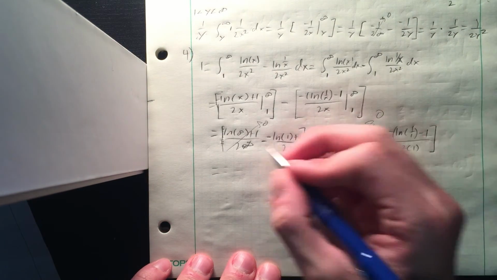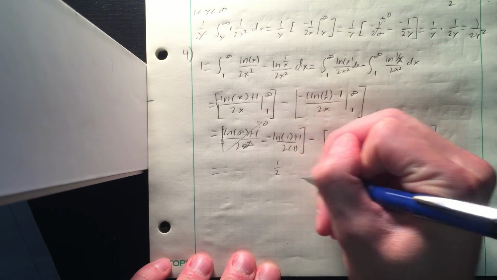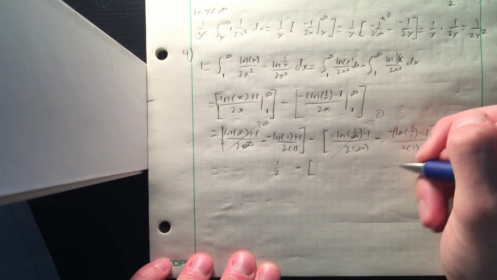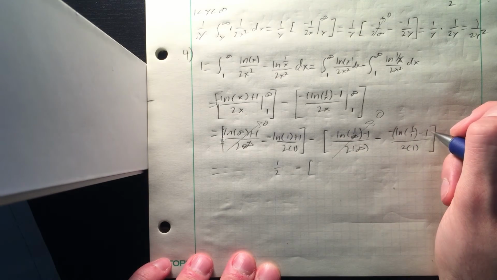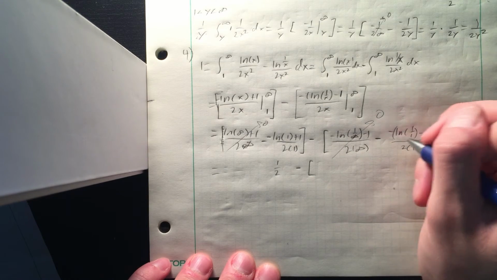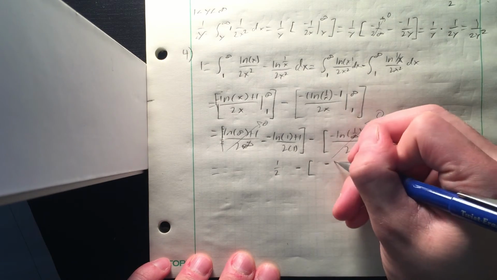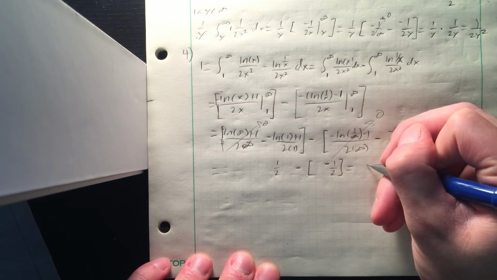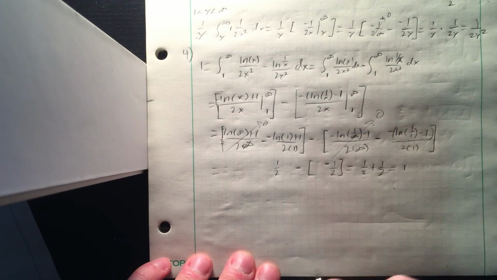So that leaves us with positive 1 over 2 minus 0 negative 1, negative stays negative over 2, which is equal to 1/2 plus 1/2, which is equal to 1. So that is a valid density function.